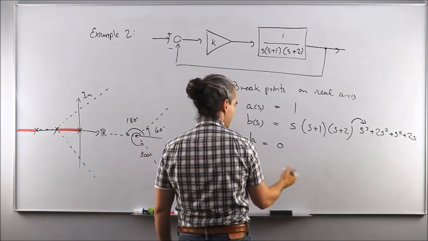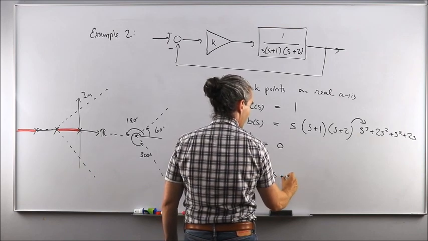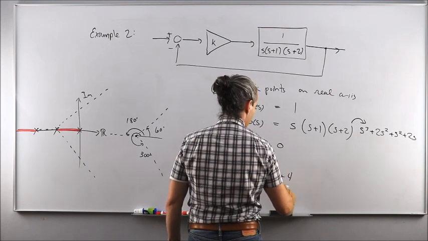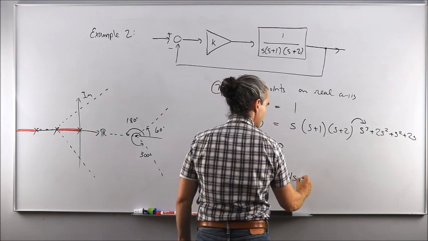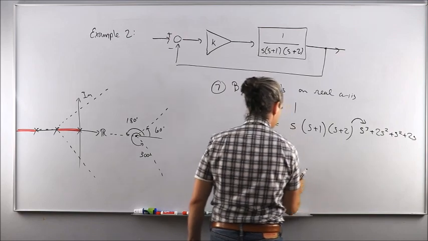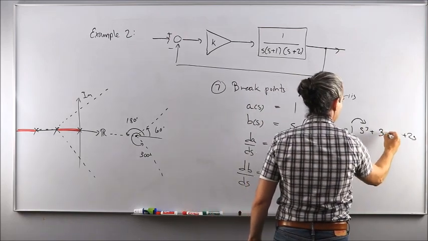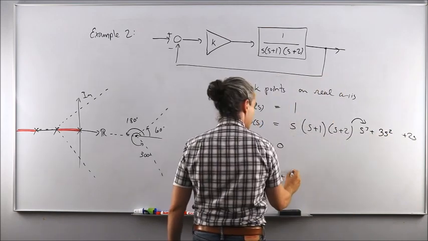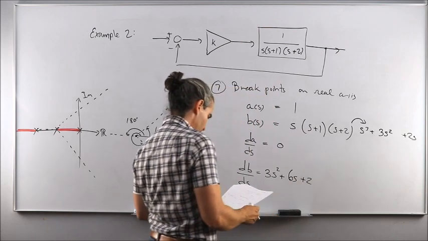Such that the derivative of this is going to be 3s squared, sorry, so therefore 6s plus 2.